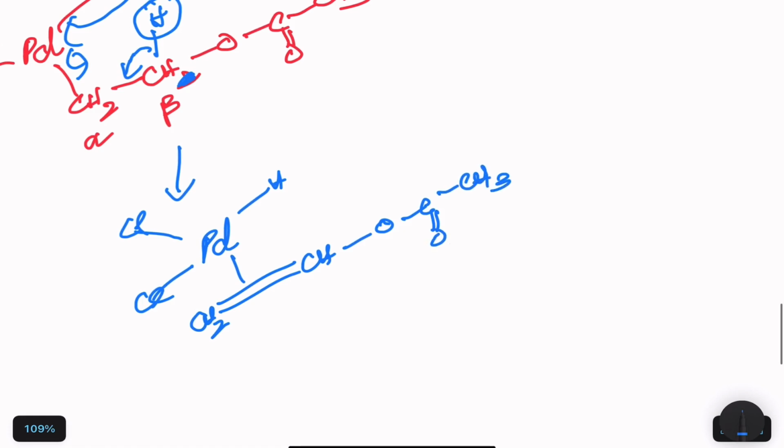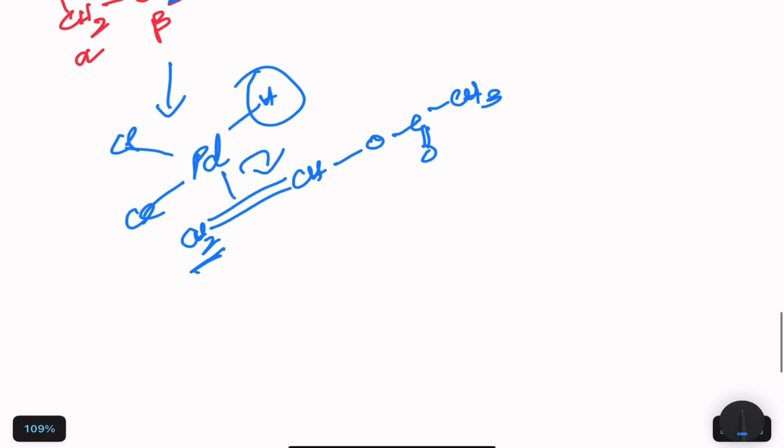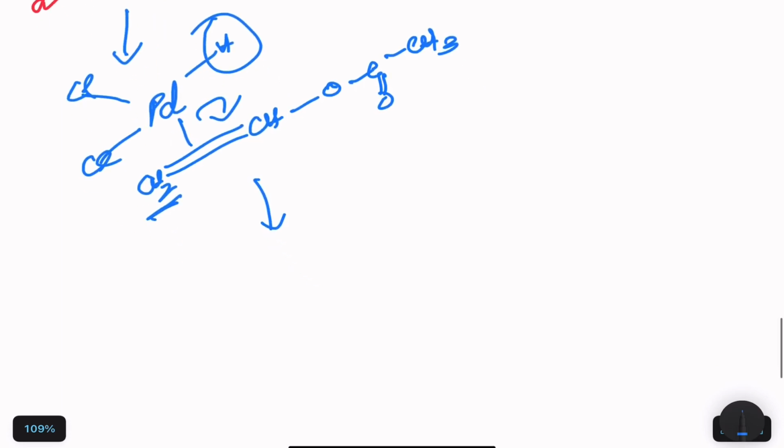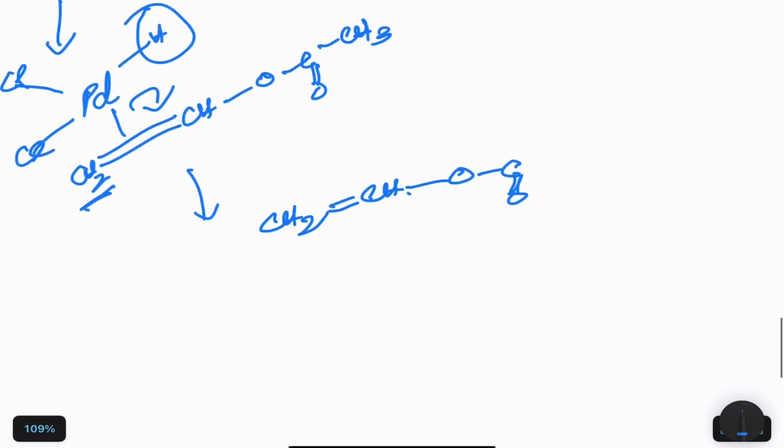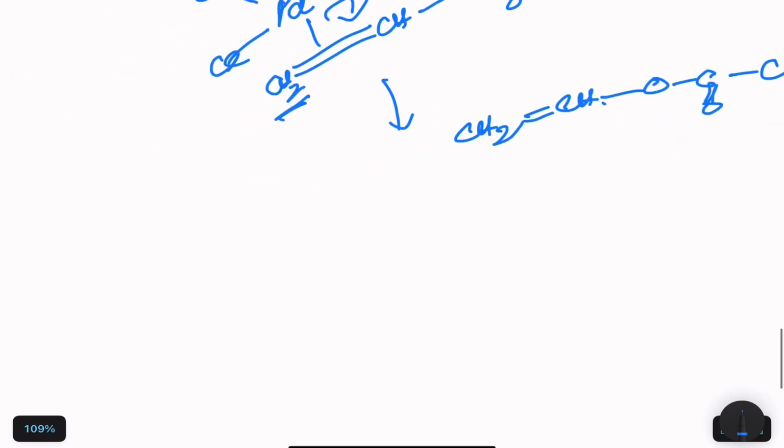So in this step itself it will end. The hydrogen will not come and transfer to this particular carbon. Those steps will not be happening in the case of acetic acid and in the case of alcohol. This compound will just be dissociated and you will get your product as vinyl acetate. So this is the last step for this particular acetic acid reaction. Like the earlier ones, it will not be happening.